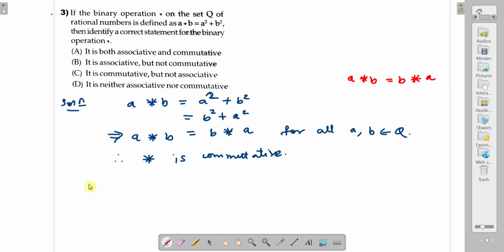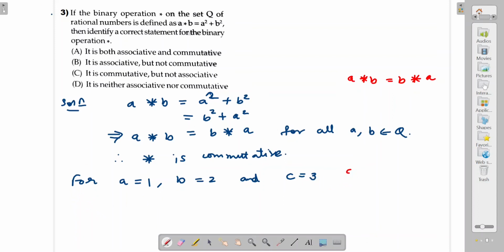Whenever you have to prove that something is not associative, you have to show it by an example. You cannot prove it, you have to show it by an example. So let us take an example, a equal to 1, b equal to 2 and c equal to 3. Let us check associativity for this.